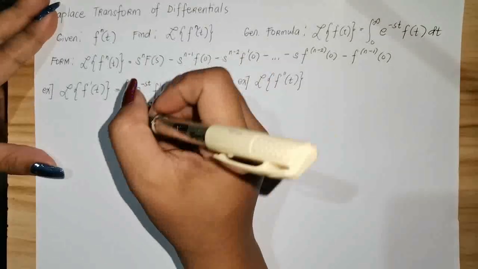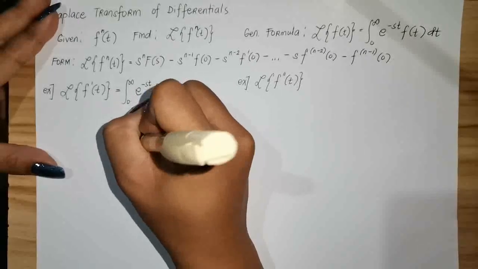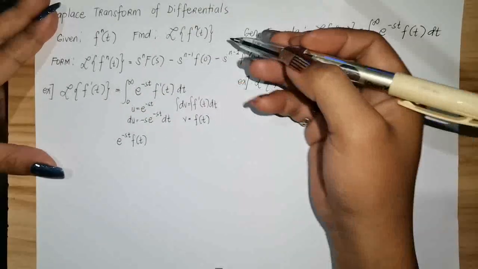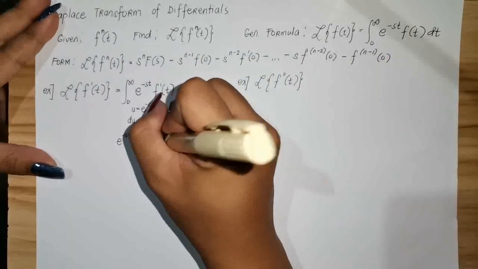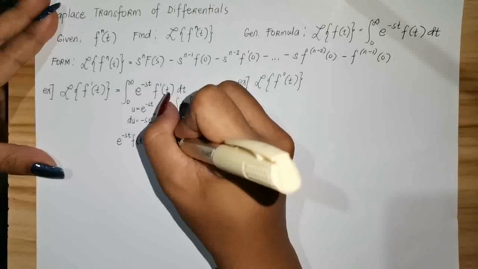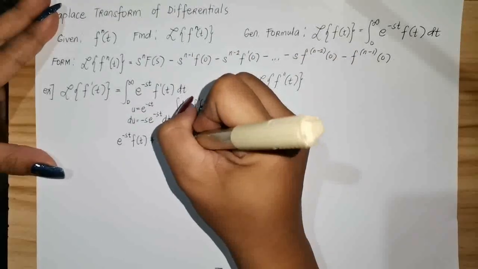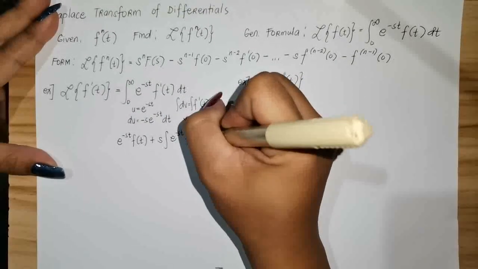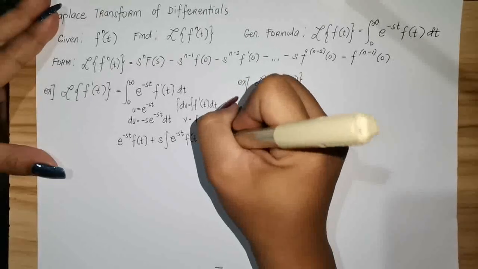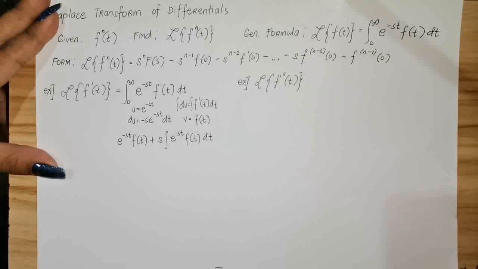So that will be e raised to negative st multiplied by f of t, then minus the integral of v du. Minus and negative, that is plus, and s is a constant since we have dt, so that's plus s, then the integral of e raised to negative st, then f of t dt. Do you understand?